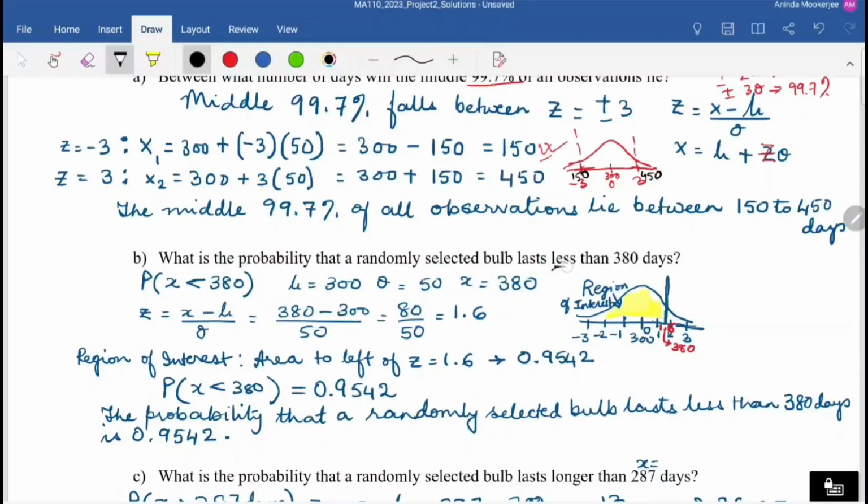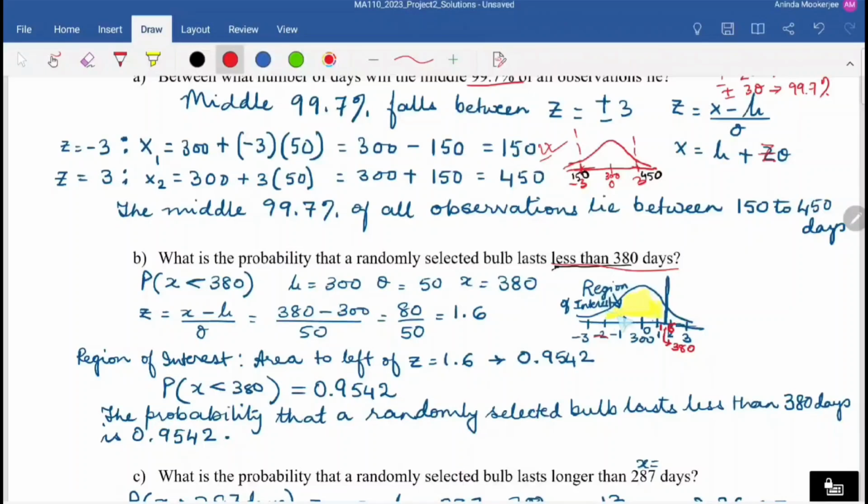So the question says less than. What is the probability that a bulb will last less than 380 days? So draw a picture here. All right. So if 300 is the mean and is at the center, then 380 lies somewhere to the right. Okay.